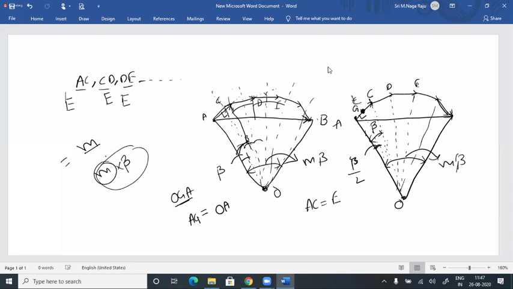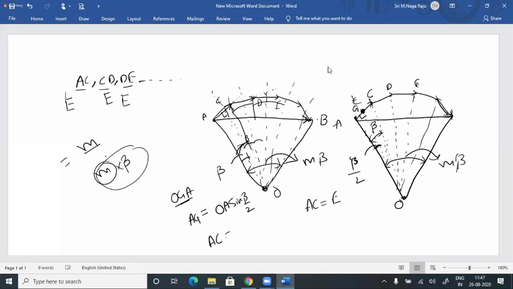OA into sine beta by 2. So AG equals OA sine beta by 2.